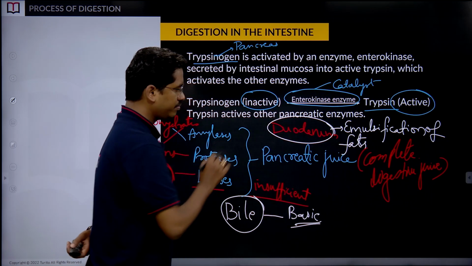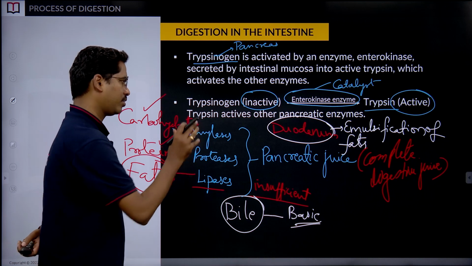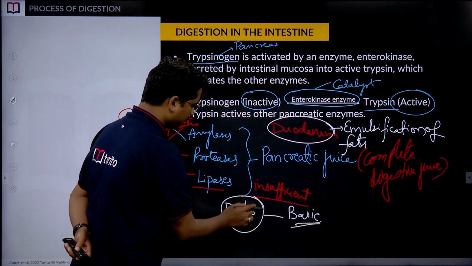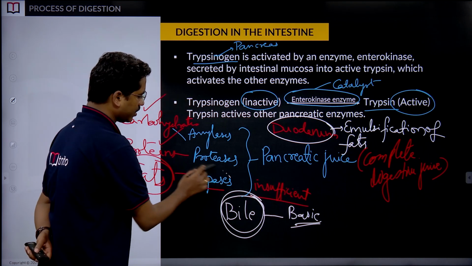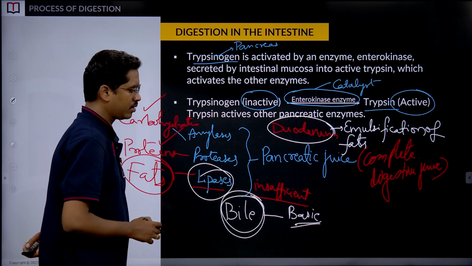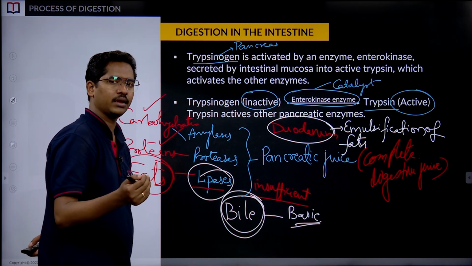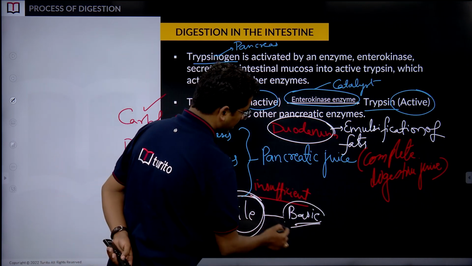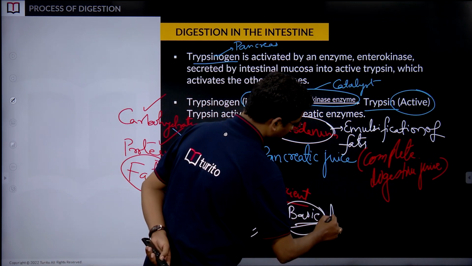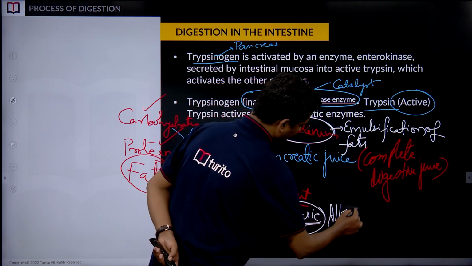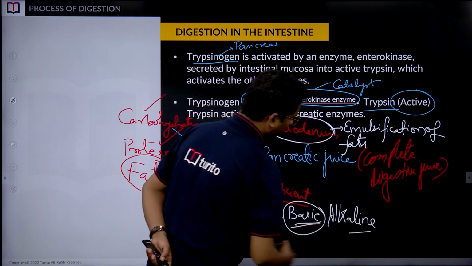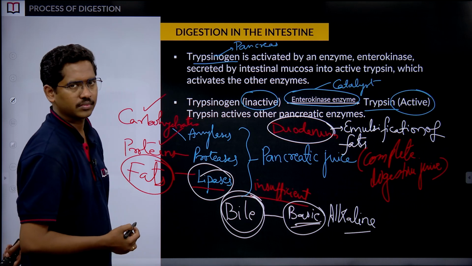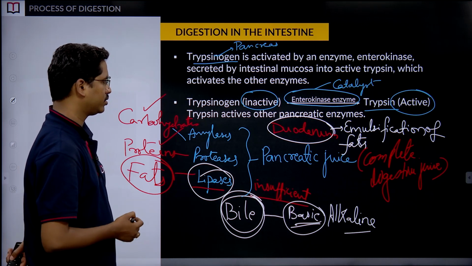So, emulsification of fat occurs in the duodenum with the help of bile juice, okay, along with lipases. That has to happen in a different medium than the stomach, and that medium is basic, also known as alkaline medium, right.